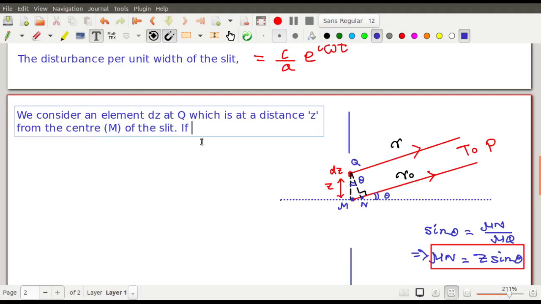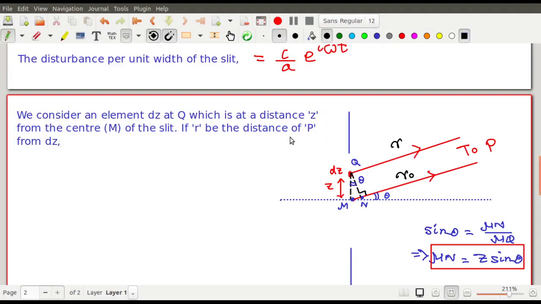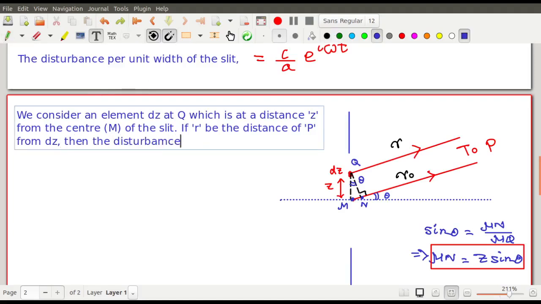If r be the distance of capital P from dz, then what actually happens is that the disturbance at capital P due to dz will be, what is the effect of dz at capital P?